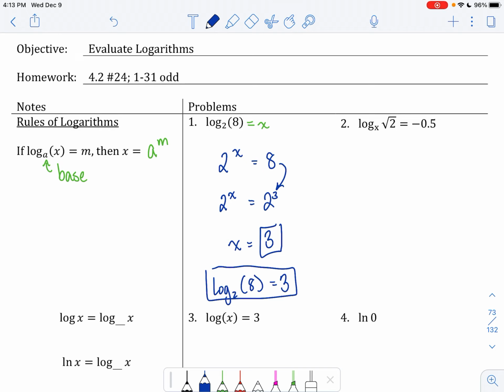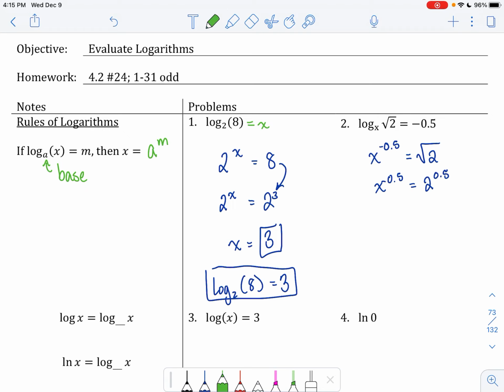Now this can be helpful as it gets more complicated, such as log base x of root 2 is equal to negative 1/2. And I'm going to still do that same thing, and I'm going to rewrite it as an exponent. So base x in this case to the negative 0.5 is equal to root 2. Now here it's really helpful to remember what we reviewed earlier, which is that the square root is the same as 2 to the 1/2 or the 0.5.